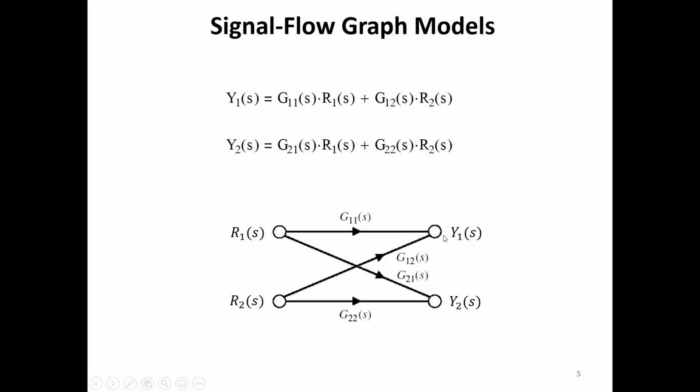That means the value of y1, if I want to calculate, it depends on the input R2, G12, and input R1 into G11. So these are the signals which contribute to the output y1. So it is very simple. Whatever inputs we have and whatever branch gains we have here will contribute to the output.